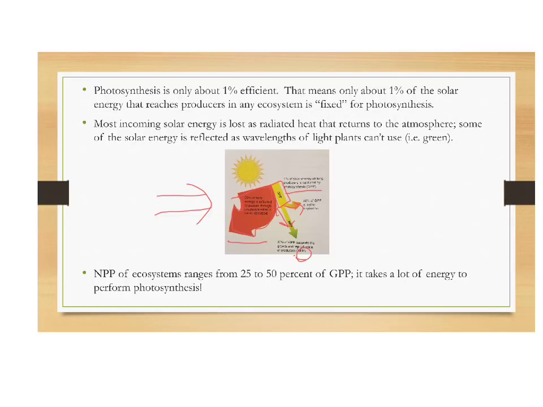So the net primary productivity of ecosystems ranges from about 25 to 50% of the gross primary productivity. It really takes a lot of energy to perform photosynthesis. My ninth graders, my biology students, frequently ask me, Miss, why are we not photosynthetic? And the answer is, well, because we need to move. Photosynthesis requires a ton of incoming solar radiation.